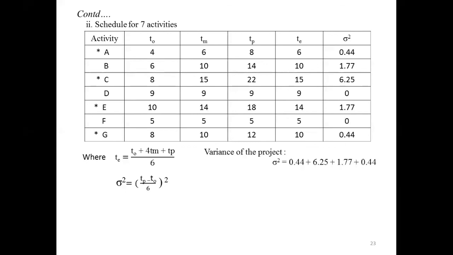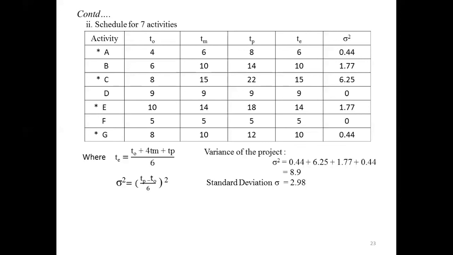Sigma square equals the sum for the critical activities. For A, a critical activity, the value is 0.44, so you write 0.44. For C, 6.25. For E, 1.77. For G, 0.44. If you calculate the sigma value, the standard deviation, you will get 2.98.